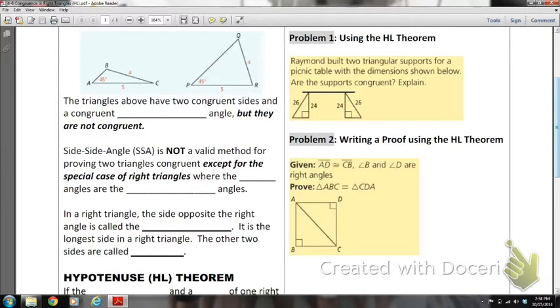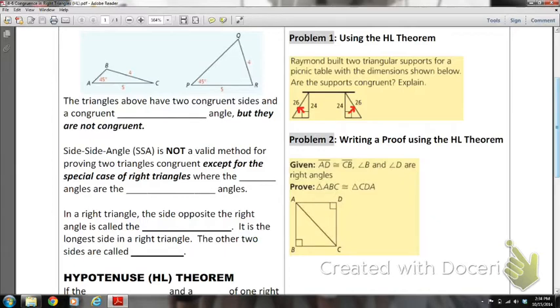We have 2 right triangles. The hypotenuse is always the side that's opposite the right angle. So that's how you identify the hypotenuse. The hypotenuses in these triangles are both a length of 26, so the hypotenuses are congruent. And then we have also a corresponding set of legs that are 24 that are congruent.